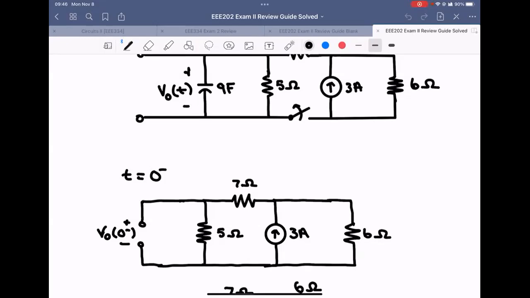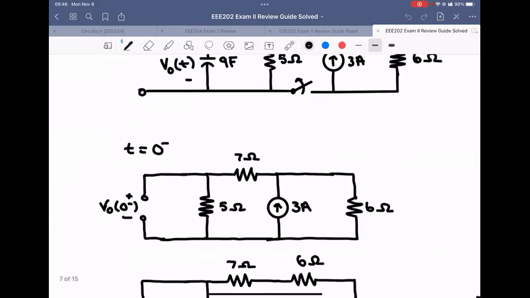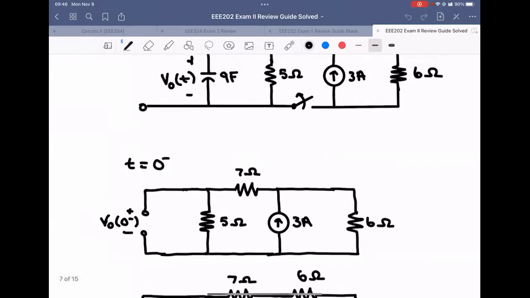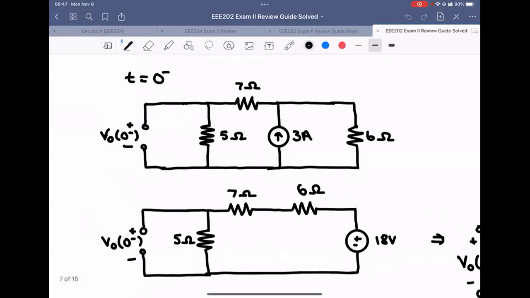So there are a few different ways you can start solving this. The first thing I saw was we have a current source in parallel with a resistor. So that means we can do a source transformation. We can convert that into a voltage source. We have V equals IR, Ohm's law.